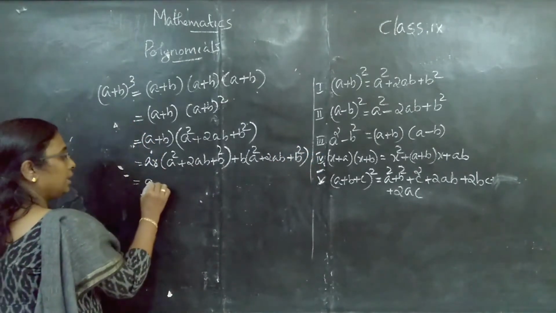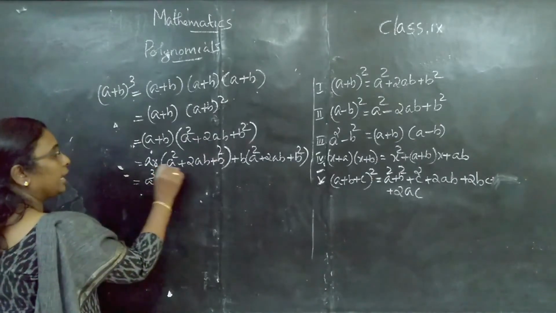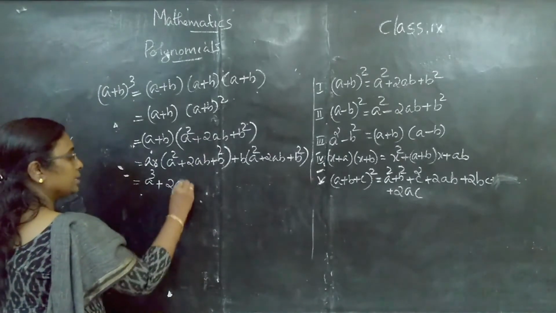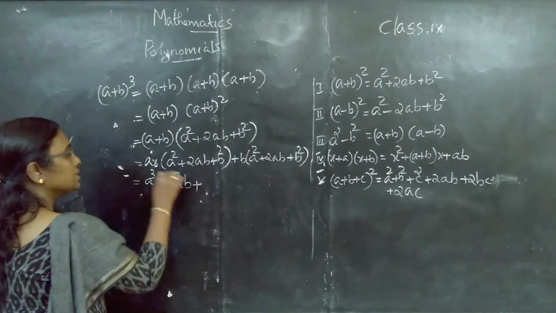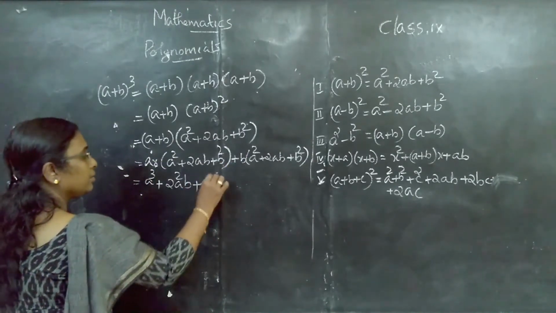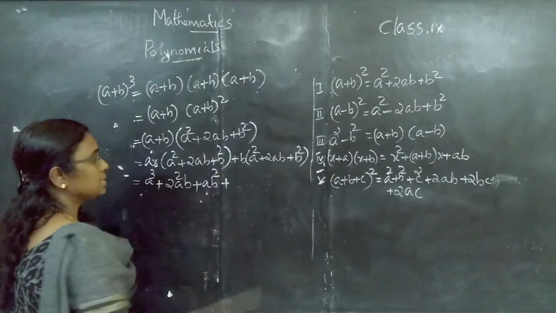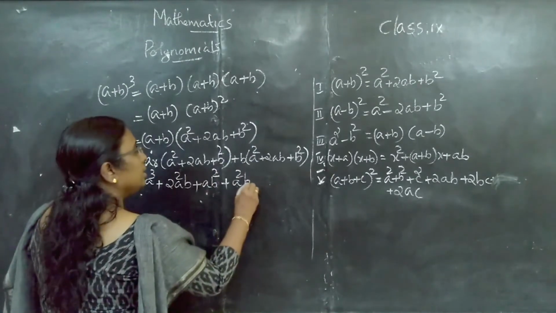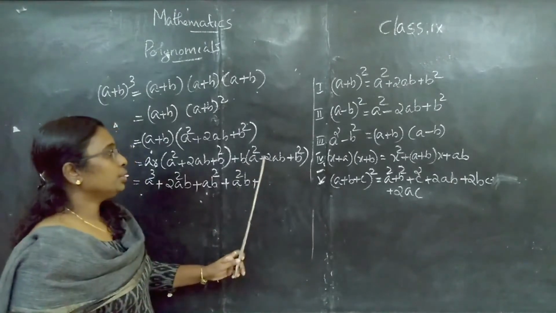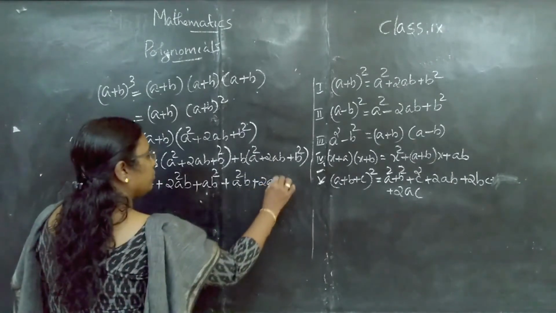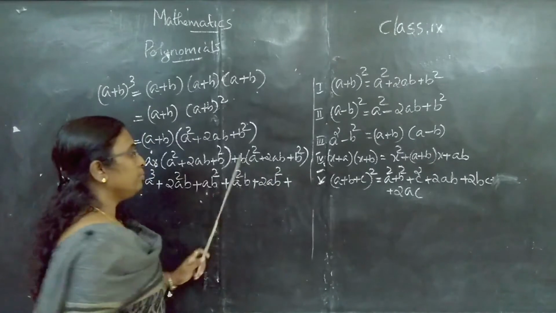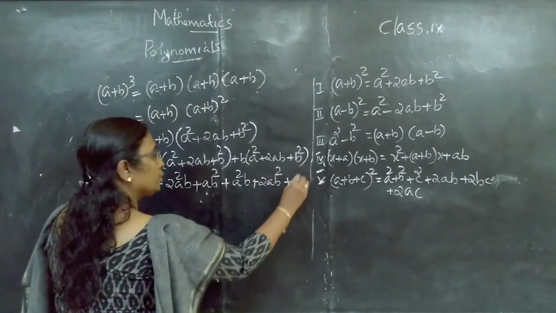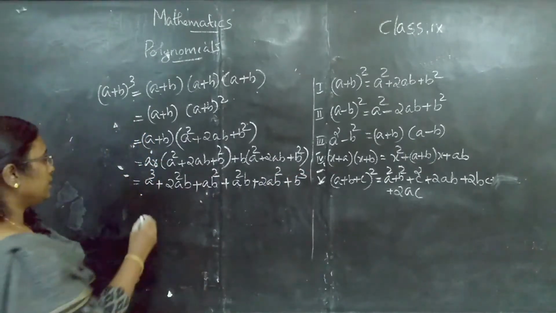This equals a into a square, a cube, plus a into 2ab, 2a square b, plus a into b square, ab square, plus b into a square, a square b, plus b into 2ab, 2ab square, plus b into b square, b cube. Then rearrange the terms.